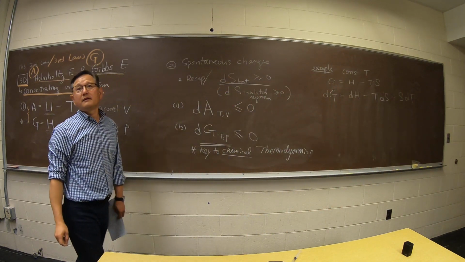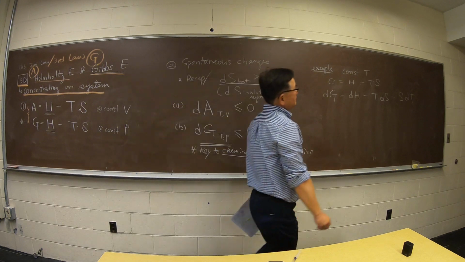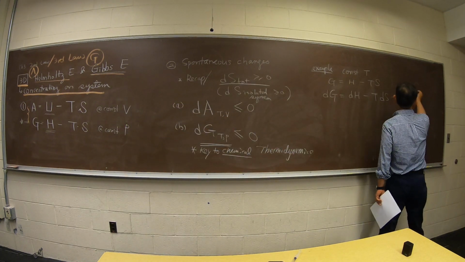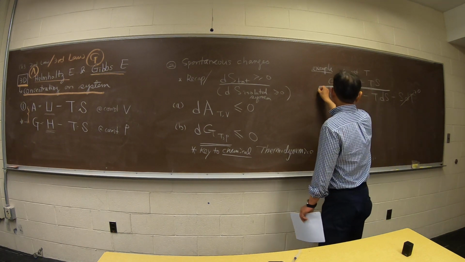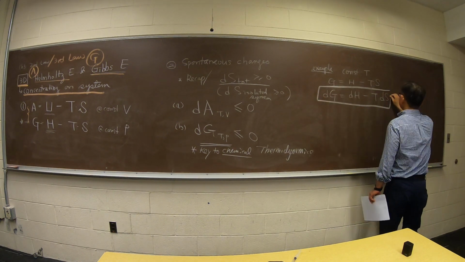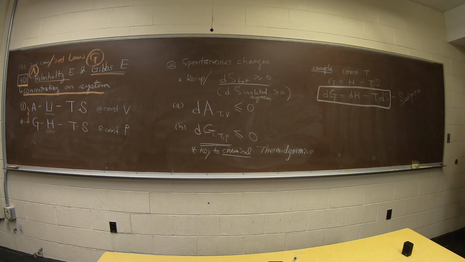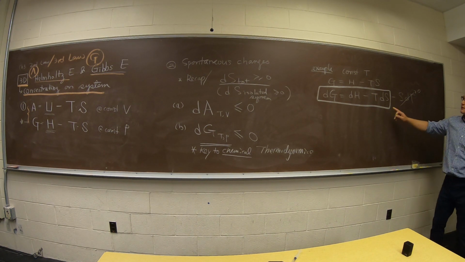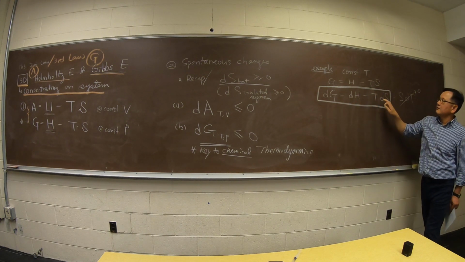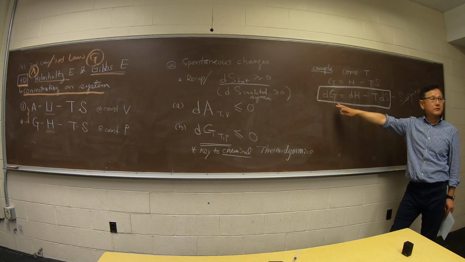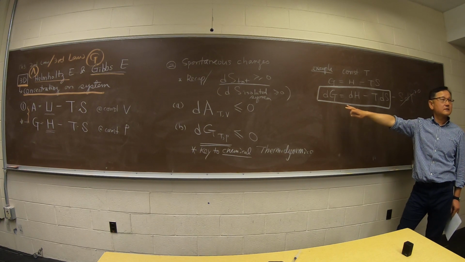All right? And then I'm going to say constant temperature means this last term is 0. So I ended up getting, probably you have seen this equation as well, dG is dH minus TdS. That means under constant temperature, the entropy change and the enthalpy change both affect the Gibbs free energy change.